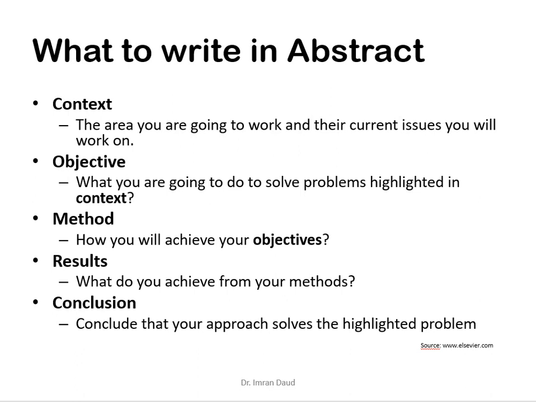So you can organize your abstract in the following different sections. Even some journals demand that you organize your abstract in such sections, because otherwise it is written in a flow in one paragraph, most probably, or maybe more than one paragraph as well.